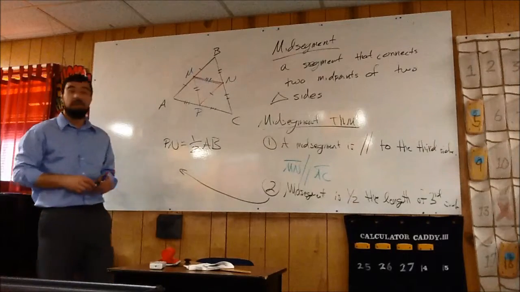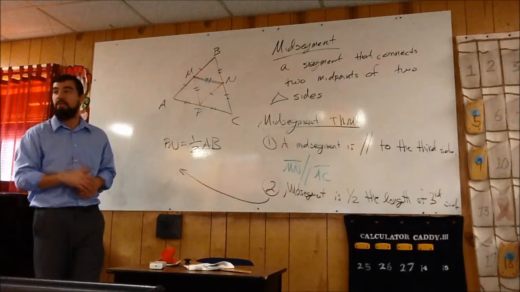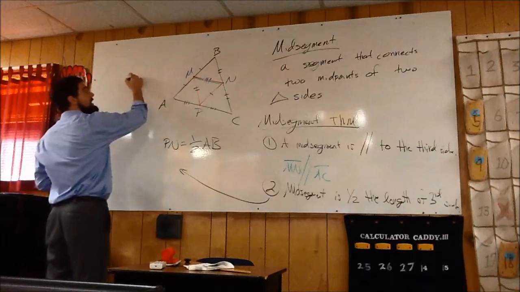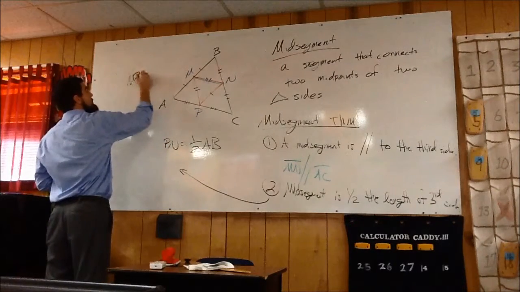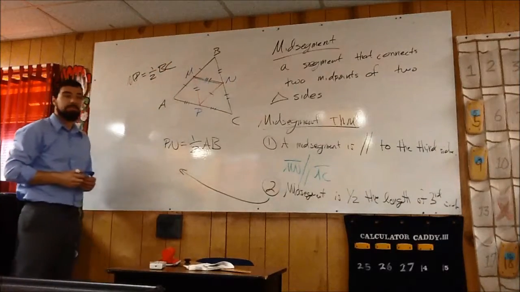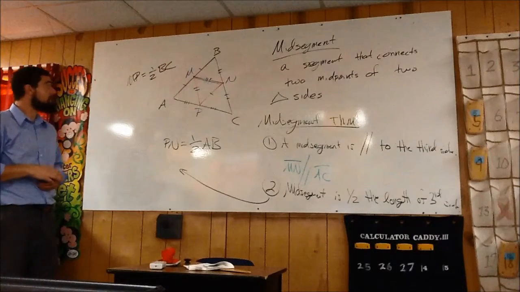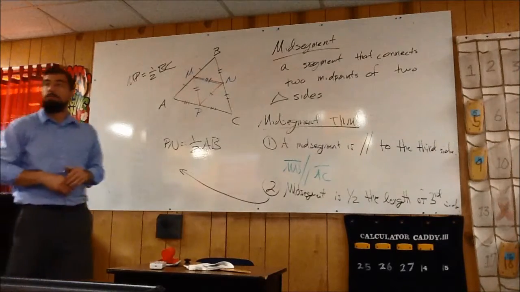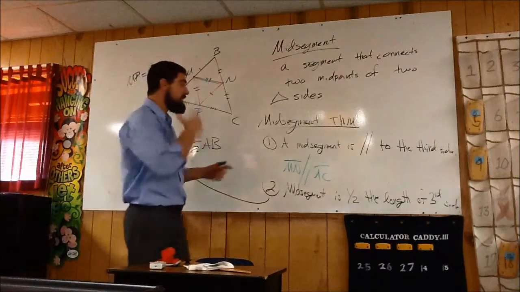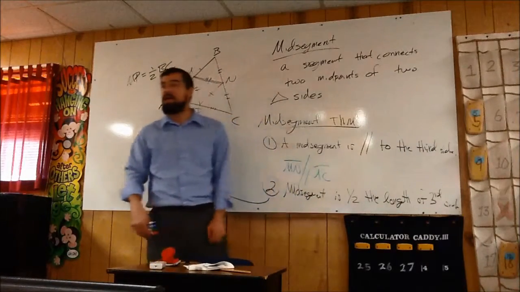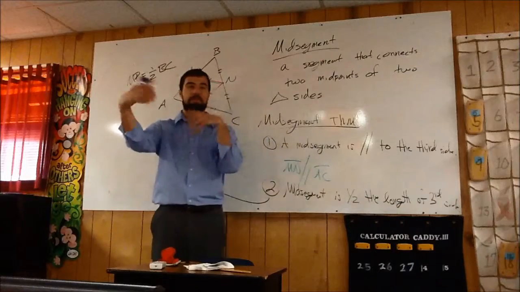This is an equation that you would write and use to help you solve problems. If you want to write another one, you can. How about the length of segment MP is equal to 1/2 the length of segment BC? What's another way of interpreting this? The midsegment is 1/2 the length of the third side. Convey the same thing but from a different perspective.